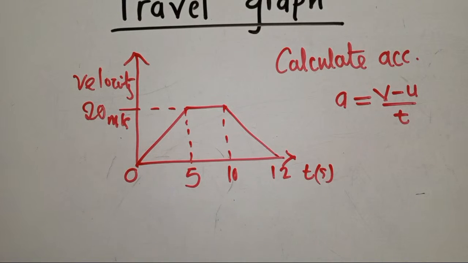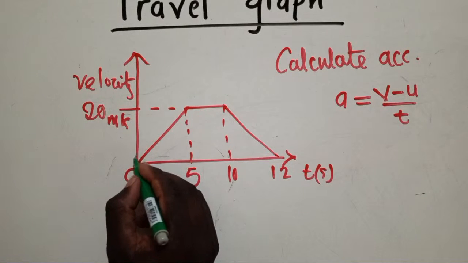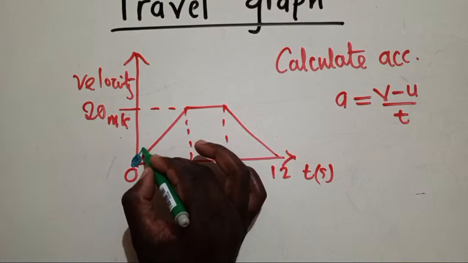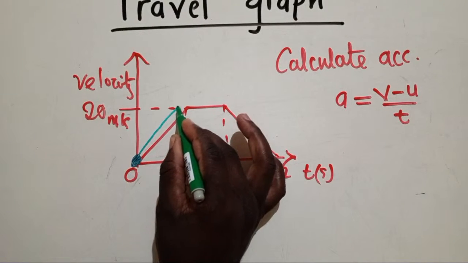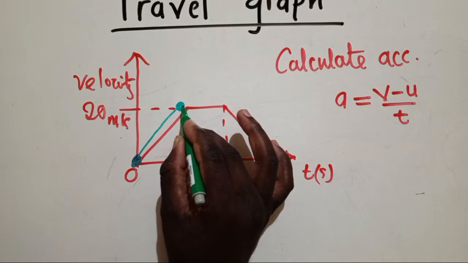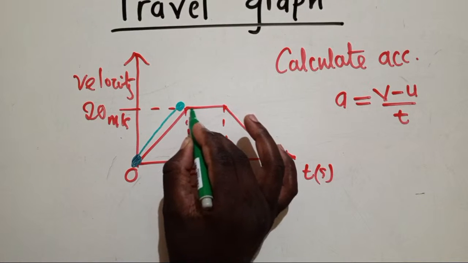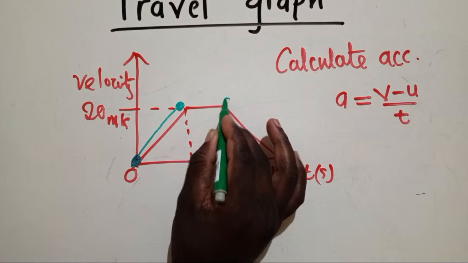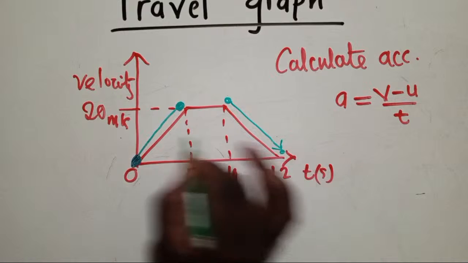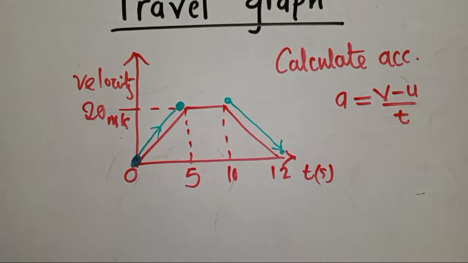If you're able to see the diagram here, this side, this is 0. It started accelerating up until it reached here. So this side, it's acceleration up to here. From here, this is a deceleration. From here to here, it's going downwards. This going upwards is acceleration.